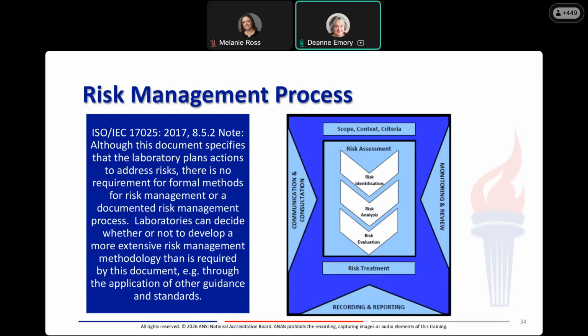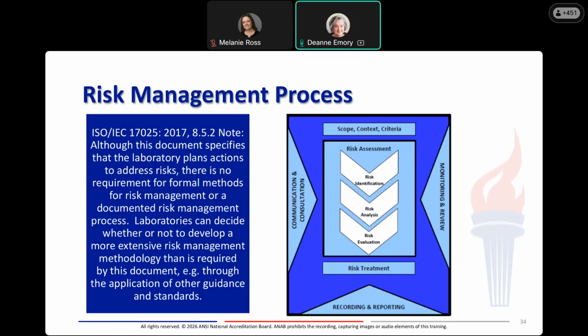So if we specifically look at ISO 17025, there's a note in the risk section of the standard, 8.5.2, which, of course, a note is not accessible. It is there to assist implementation.